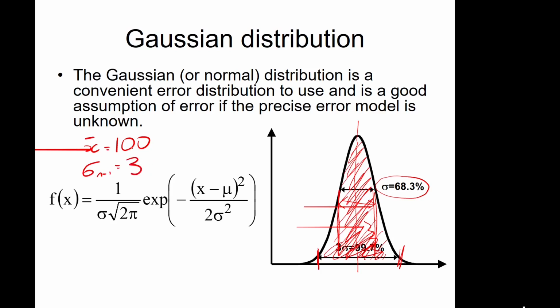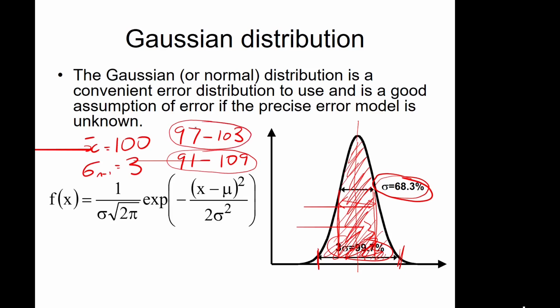If somebody takes a measurement of this, then the value is 100, but 2/3 of the time they're going to get a measurement between 97 and 103. If we go for 3 standard deviations, that is going to be 91 to 109. So 99% of the time they take that measurement, they're going to get a value within that range, whereas 2/3 of the time they're going to get a measurement within the narrower range.